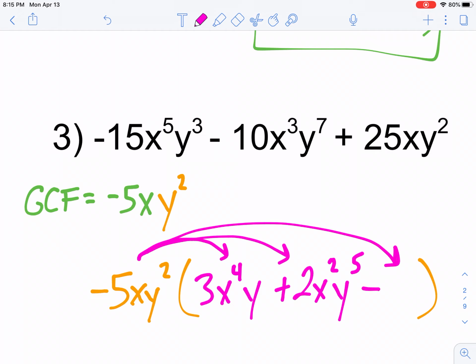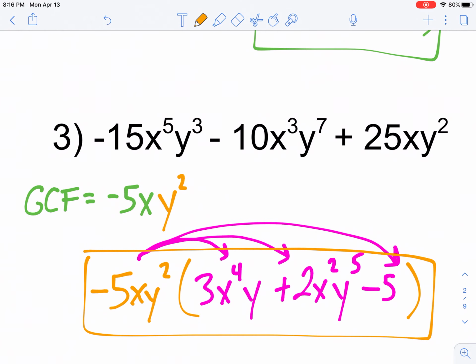So we got to multiply by negative 5. And then we got to go from x to x. Well, that's fine. We don't need to do any x's because we have all our x's already accounted for. We have x in our GCF, and we only need x in our expression. Same thing with y squared. We have y squared. We only need to get back to y squared. So we don't have to multiply by any x's or any y's. And then this is our answer.